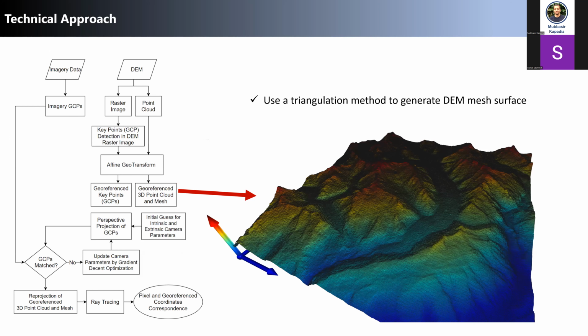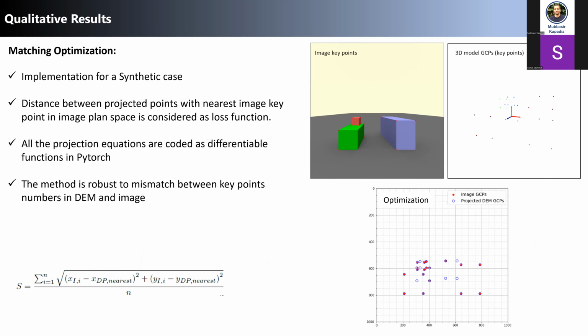For one of the steps in the algorithm, we need to have a DEM mesh surface, and I use a triangulation method to generate a DEM mesh surface as shown in this slide. For the matching optimization step, I implemented for a synthetic case to make sure everything works well.